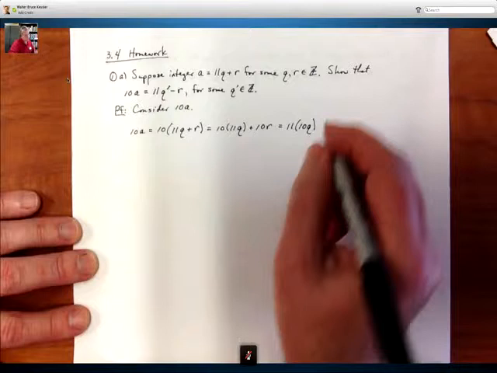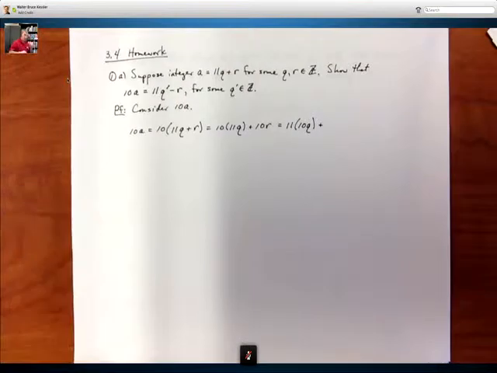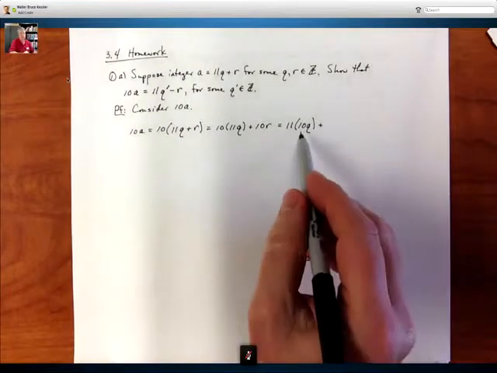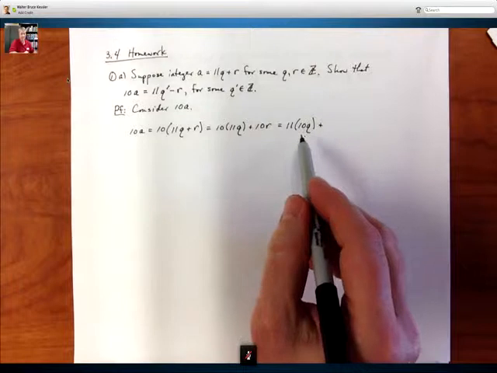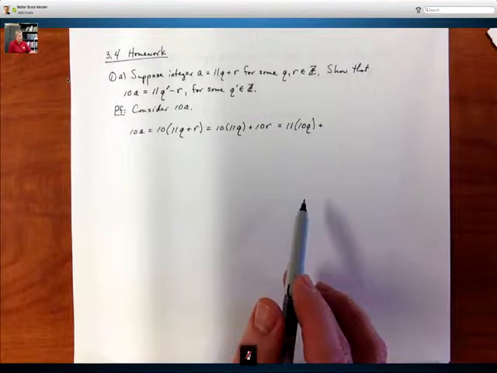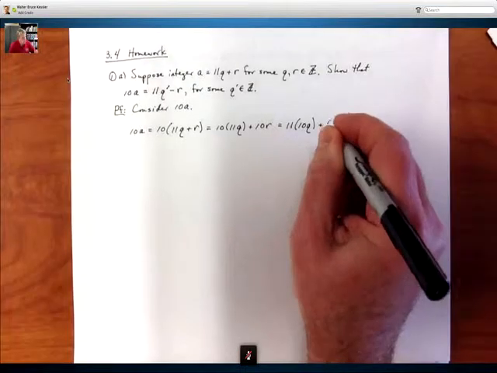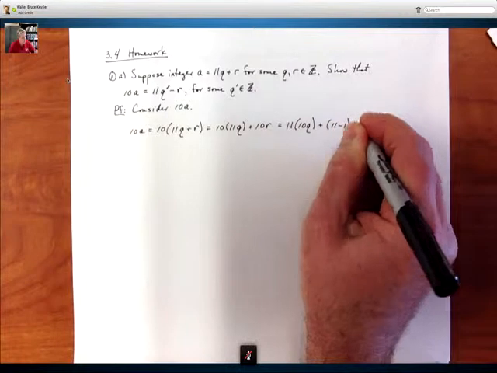Also, I really want a minus r, and it'd be nice if I could tuck part of this into this 11 times something business. So I think it's helpful to just draw upon the fact that 10 is 11 minus 1.